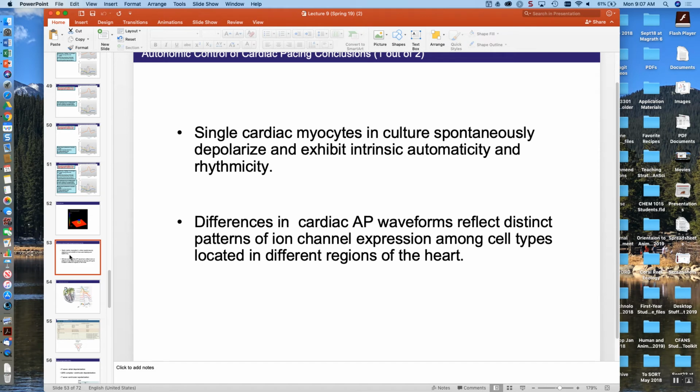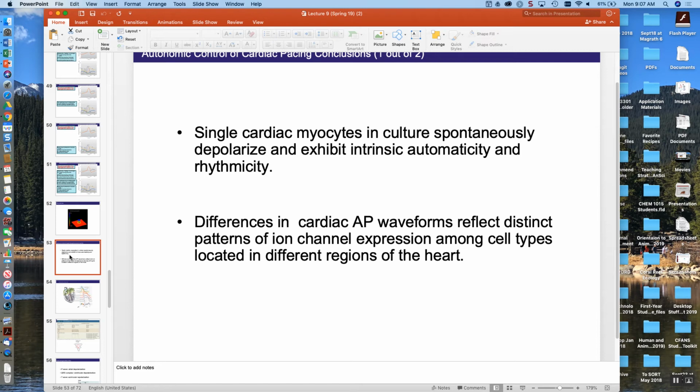Okay, so just remember a single myocyte, cardiac myocytes in culture spontaneously depolarize, and it exhibits what's known as intrinsic automaticity or rhythmicity. The muscle itself is myogenic because the signal, the depolarization, starts within the muscle itself.